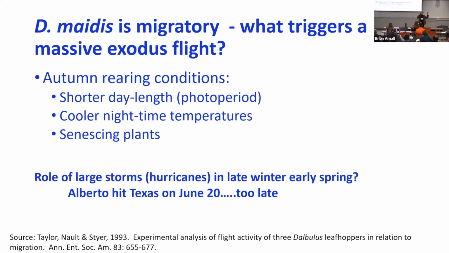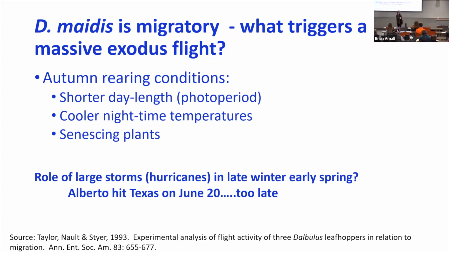And if strong winds are present, that can be used to carry them further and further away. They have to be very strong because Dalbulus is not considered to be a strong flyer. It's almost a passive flyer, relying upon those winds to carry it long distance.